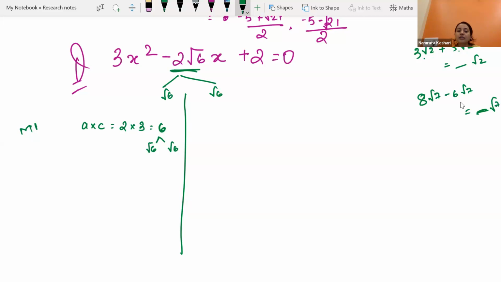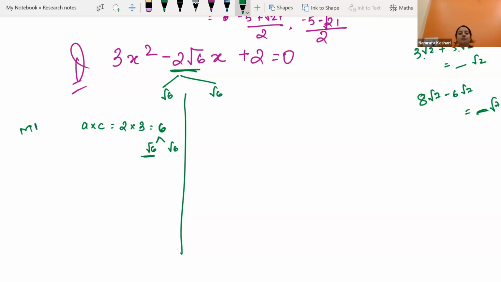So if both terms must have root 6 along with them, then while splitting, let's write root 6 first, and the next term also root 6. With root 6, you can have 2 root 6 or 3 root 6, and then check. This is just an example I am giving. Whatever you want, write it in front of root 6 and check whether both multiplied together generate 6, and adding or subtracting together generate the middle term 2 root 6.